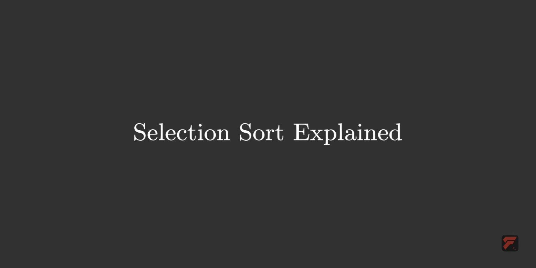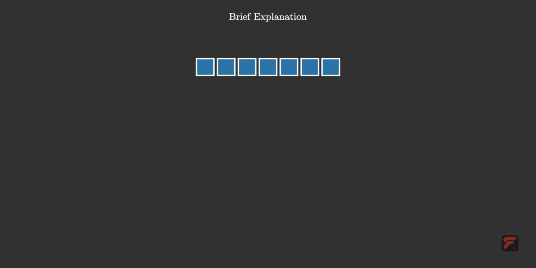Let's dive right in. First of all, a brief explanation of selection sort. Let's assume that we have an array of numbers that we want to sort in ascending order, like this. The algorithm will maintain two subarrays, the sorted part and the unsorted part.